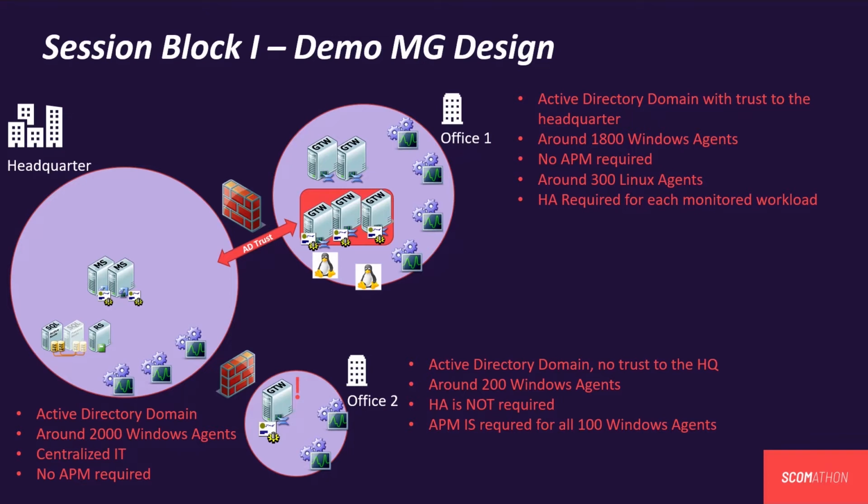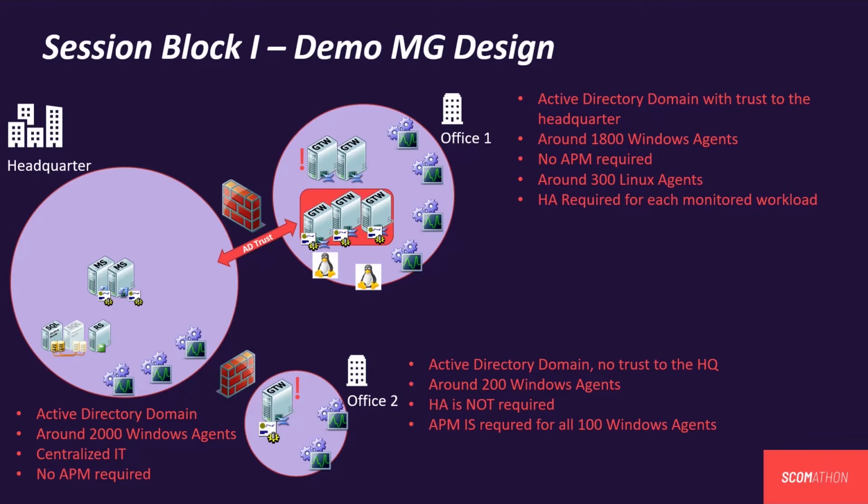You should not forget that you always need to consider the number of agents which are monitored by gateways when planning the capacity for your management servers. The same is actually the case with those 2 gateways which are covering those 1800 Windows agents.